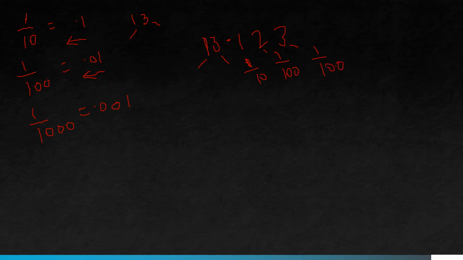So this is our unit place, this is our tenth place, this is our 1/10th place, this is our 100th place, this is our 1000th place. Here is how you can find the place value of a number.